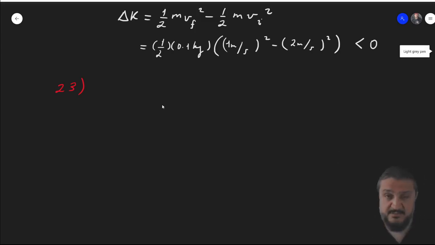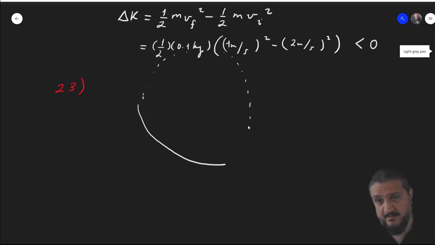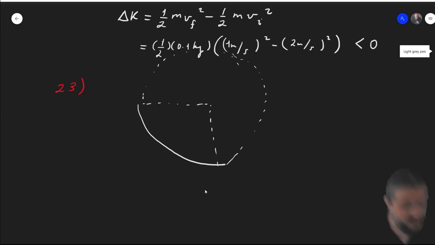Okay, I need to draw this. So a quarter circle. Okay, a full circle will be like that. Oops, very bad drawing. Something like that. Okay, with radius of 5 meters. This is also R, of course.